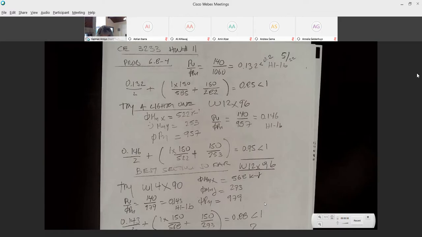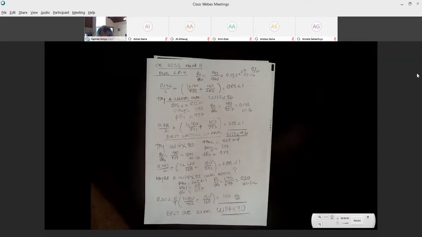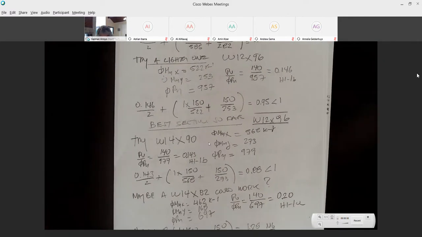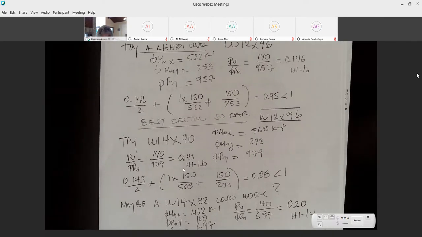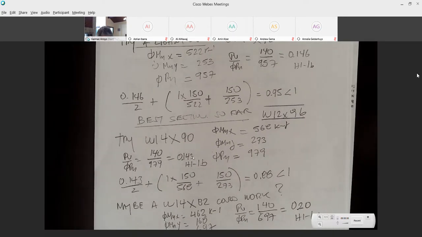I tried the W14 by 90. Again, these values are from chapter 6. One more time, equation H1-1b controls. We divide it by 2. This is the old value, the new value, old value, 0.88. It's smaller than 1.